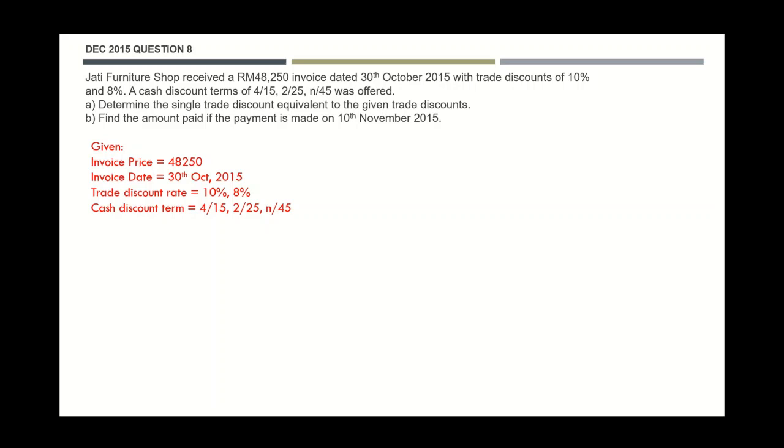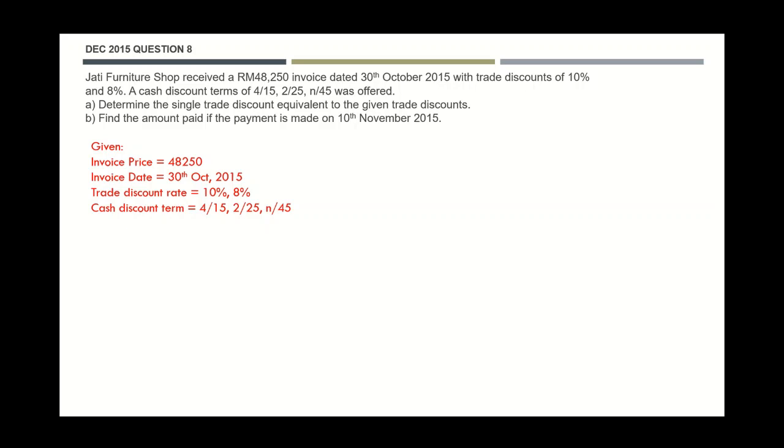And then you have the invoice date, dated 30th October 2015. And you were also given the trade discount rates of 10% and 8%. And finally, you have the cash discount term 4/15, 2/25 and n/45.